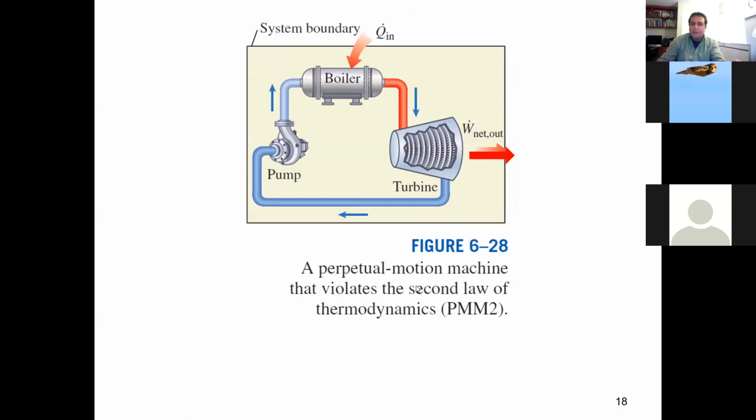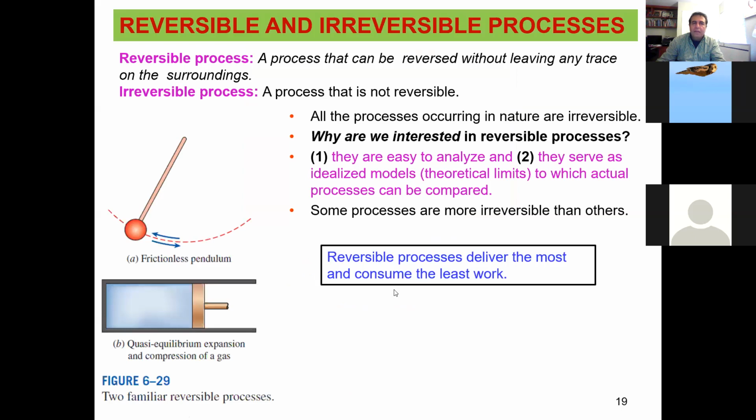All right, and then we have reversible and irreversible processes. A reversible process is a process that can be reversed without leaving any trace on the surroundings. We want to make sure that the system comes back to its original position.